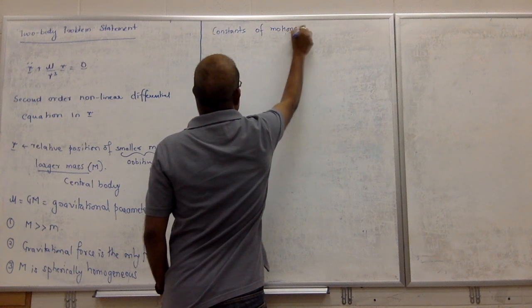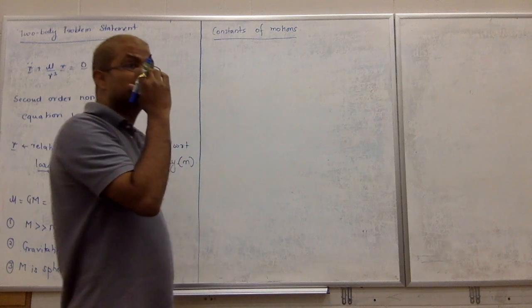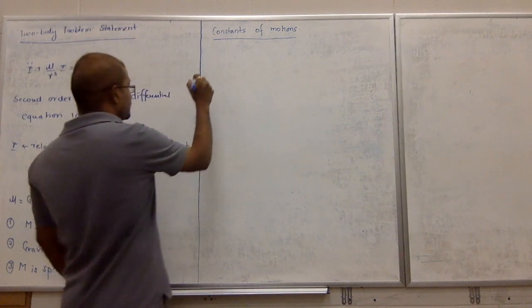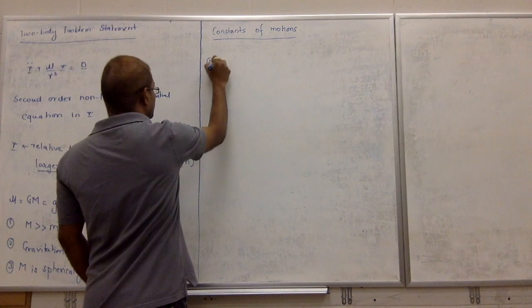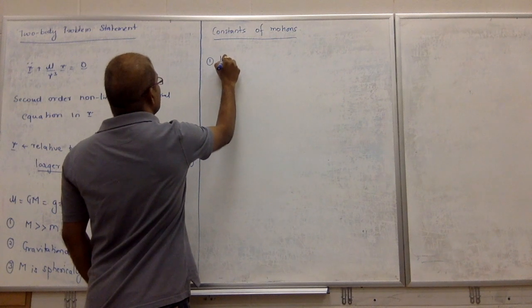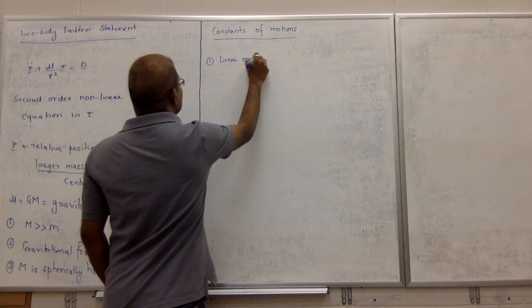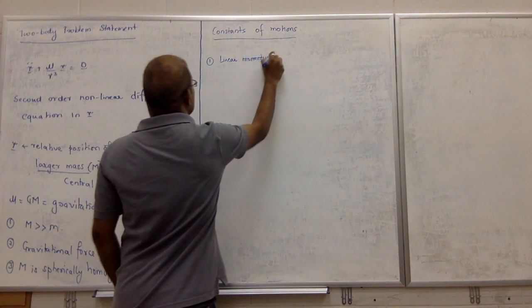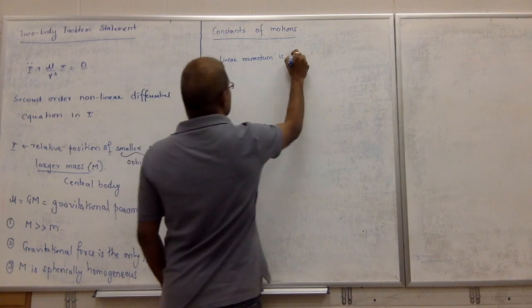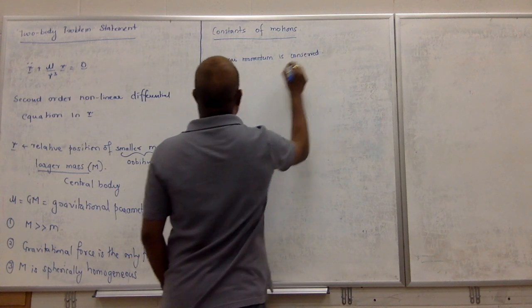What is conserved in the universe? Energy is conserved. So what we know is linear momentum is conserved.